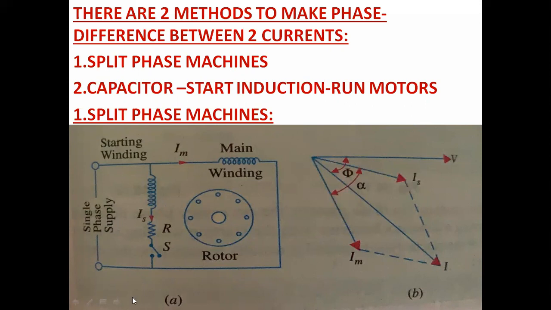Here I am taking a resistance to attain resistive nature, which means in phase with V. But it has some inductive nature as well, so it is not acting purely as a resistance; part of it acts as resistance and part as inductance.